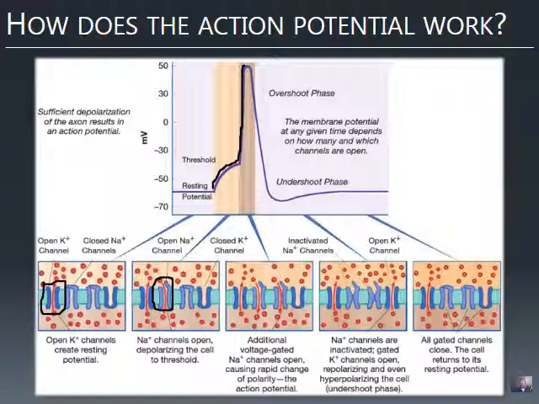So in fact, at that point, there's more positive charge inside the neuron than outside. But those sodium channels don't stay open forever. They have sort of a deadline. And after that, they start closing. They can only stay open for so long. And at that point, once it's positive enough, then these voltage-gated potassium channels open. And remember, potassium wants to go out of the neuron. And so it's going the opposite direction of sodium, but it's also positively charged. So now these potassium channels start opening up.